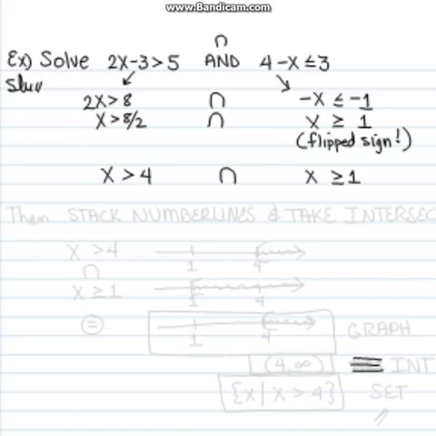Now we need to write our inequality in its most compact form, so we're going to stack number lines. Don't skip this step. This is important.